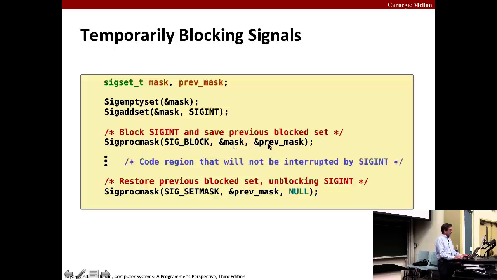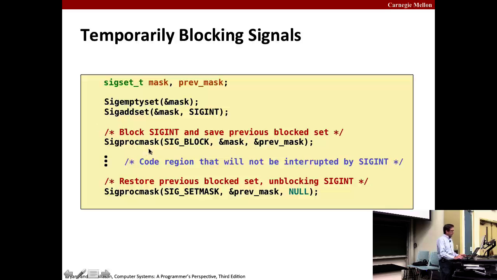And this will become my new mask. So this becomes the new blocked bit vector, or the new signal mask, and it makes a copy of the old one and stores it at the address specified in the third argument. So at this point, after we return from sigprocmask, SIGINT signals are blocked and they won't be received.